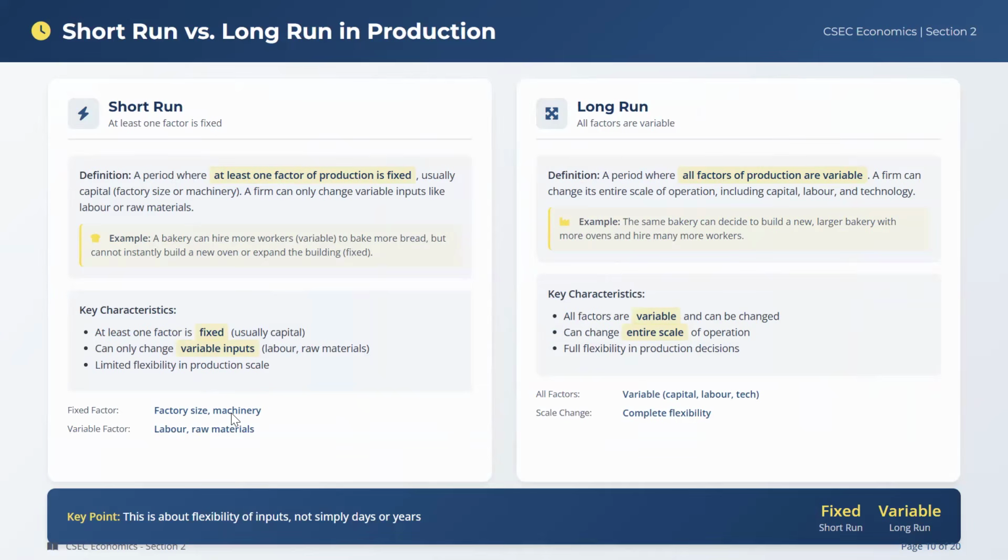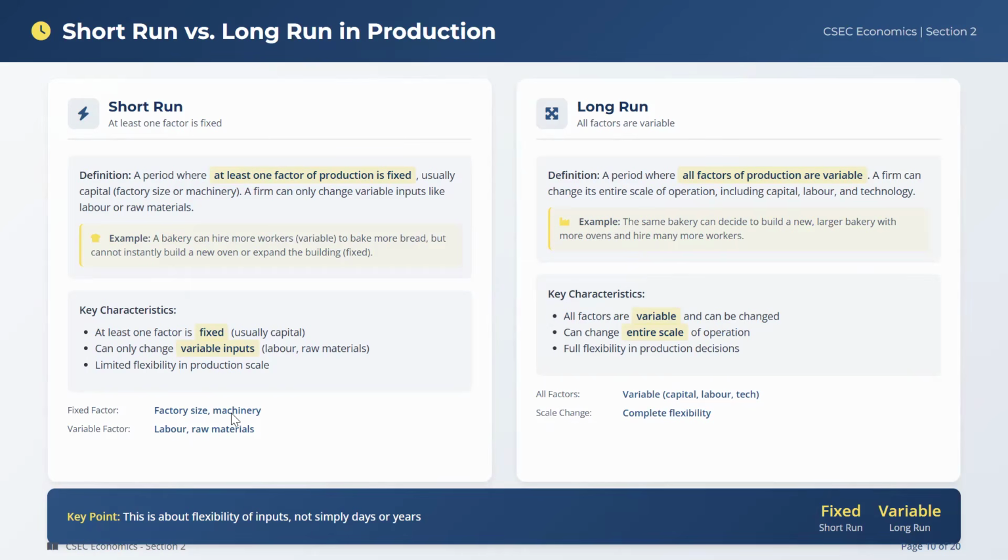I do not want you to look at the short run and the long run in terms of number of years, like short run might be 1 year, long run might be 3 years.